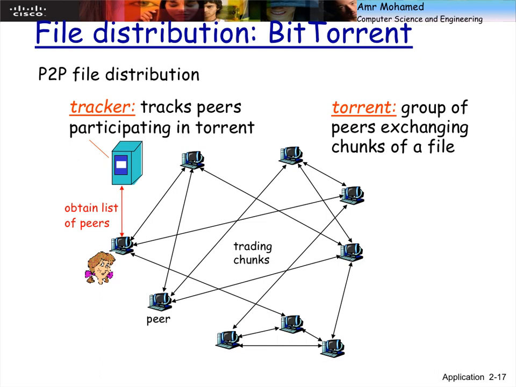So, in terms of file distribution, there is a practical peer-to-peer service which is called BitTorrent. BitTorrent itself uses a particular technique for peer-to-peer communication. So first, it talks about a tracker.